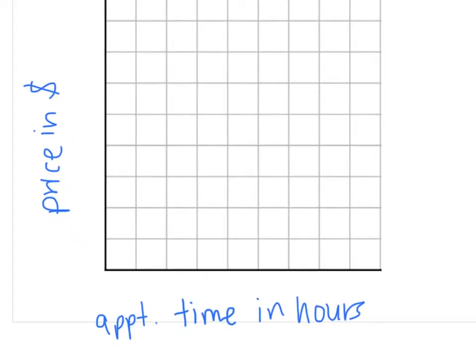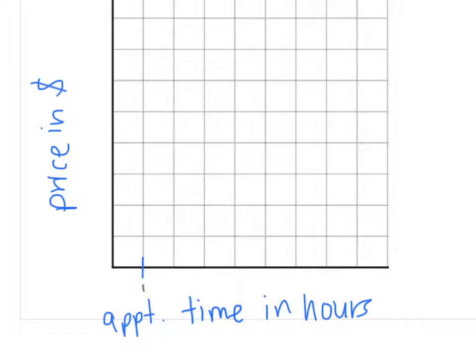And then for my scale down here, I'm just going to go by ones. And then for your Y scale, always go up by a convenient number. I know the increments are $85, and so I'm just going to go up by 85s. And luckily, my starting value is the same thing as how much I want to go up by.